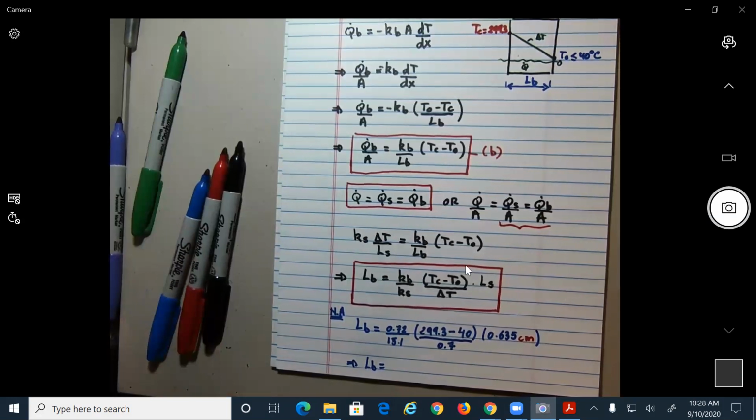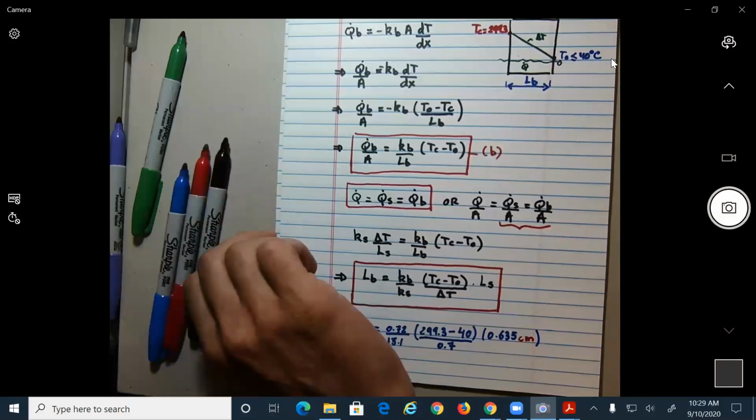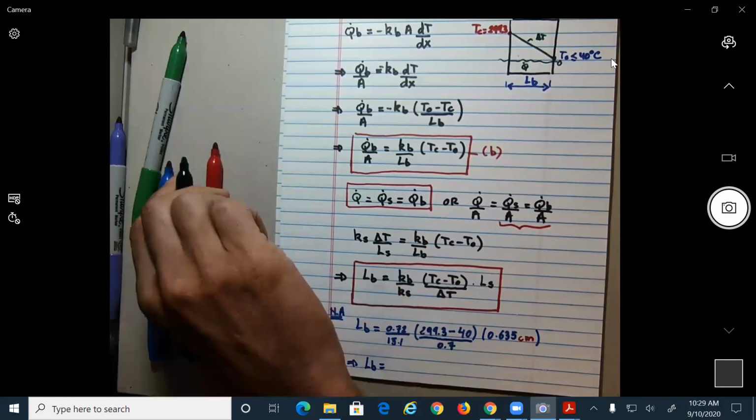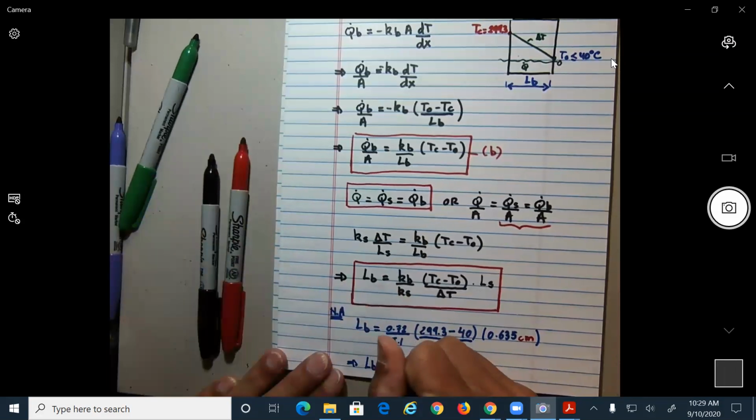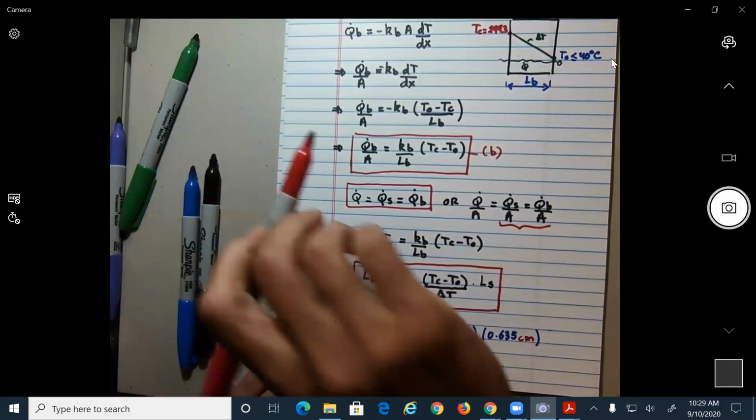So if you do this calculation, this will give you 11.22 centimeters.